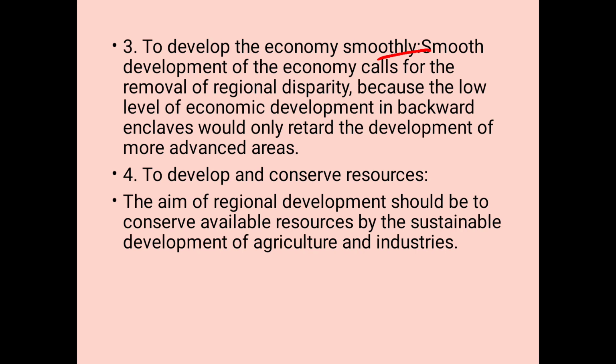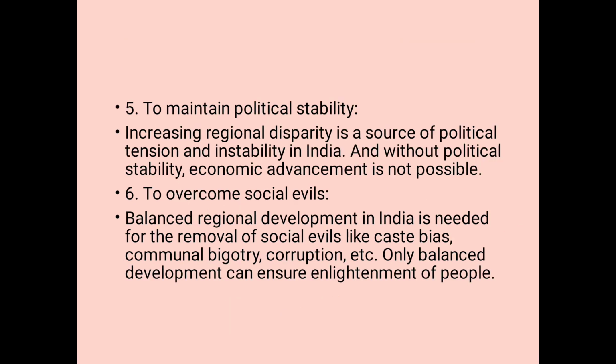Then, to conserve resources. The aim of regional development should be to conserve available resources by the sustainable development of agriculture and industry. Sustainable development means resources should be utilized and should also remain for the future. Then, to maintain political stability: disparity is a source of political tension and instability in India, and without political stability economic advancement is not possible.